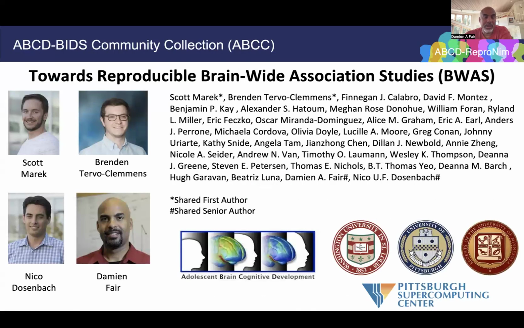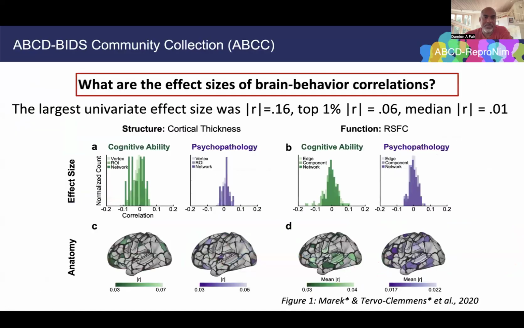Wanted to highlight just one of the papers here, and that is the importance of large data sets like the ABCD data. Big collaborations like the ones that we're showing here, and the leveraging of ABCC and the ABCD data, have allowed us to really understand lots of specifics and the importance of how to do our science.